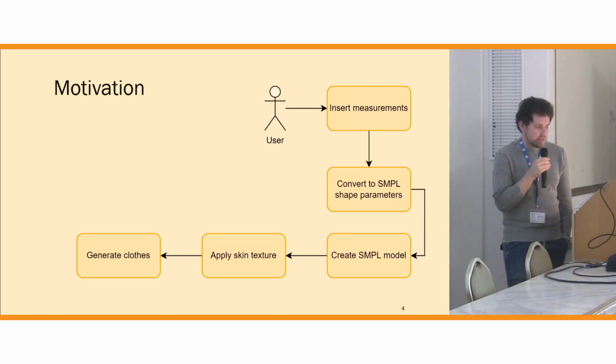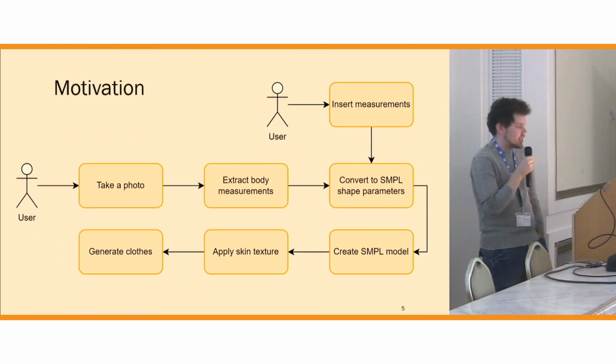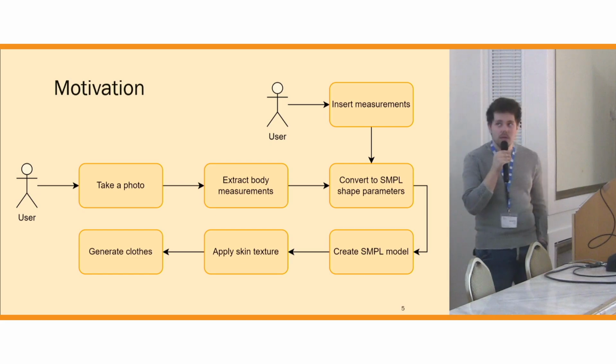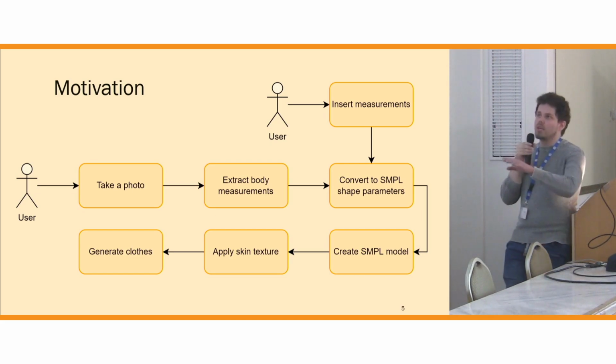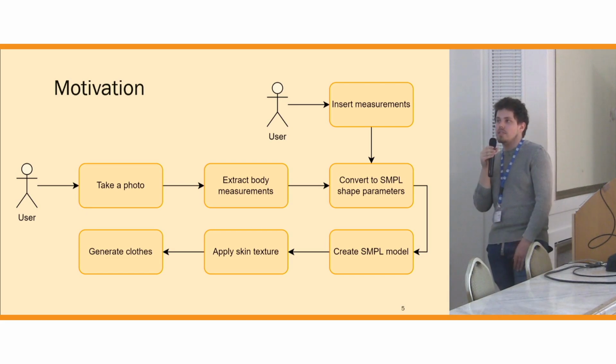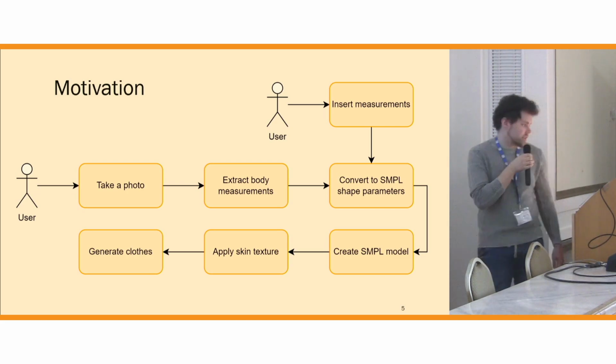However, we realized that manual measuring can be time consuming, so we added a new part of the pipeline for extracting the body measurements directly from the photo. So the user can take a photo, we extract body measurements, which we convert to SMPL shape parameters, from which we can create a SMPL model on which we then apply skin texture and generate simple clothes.